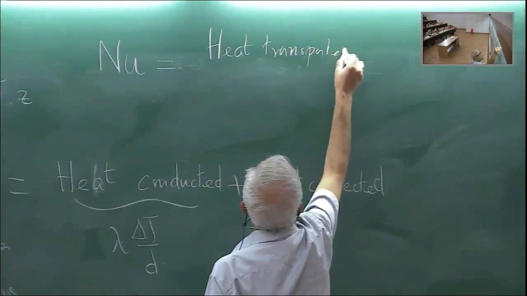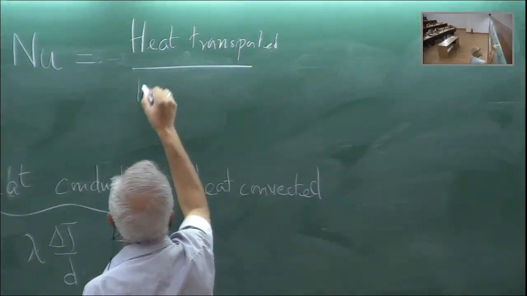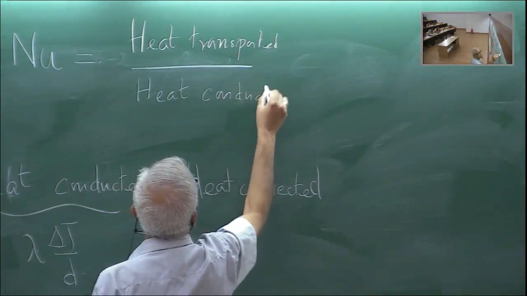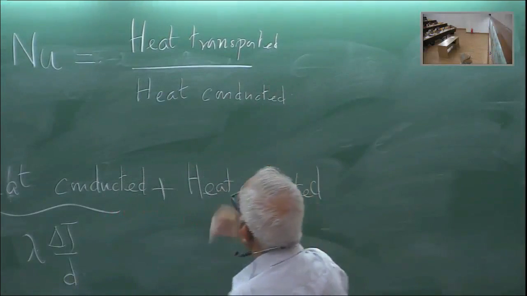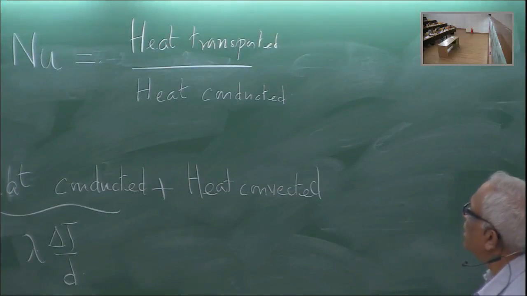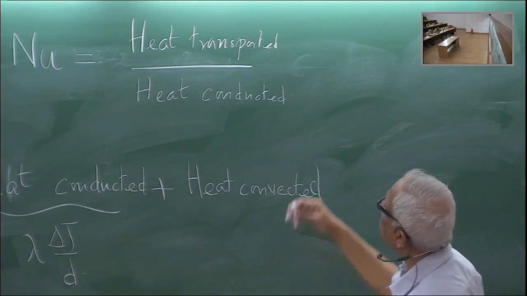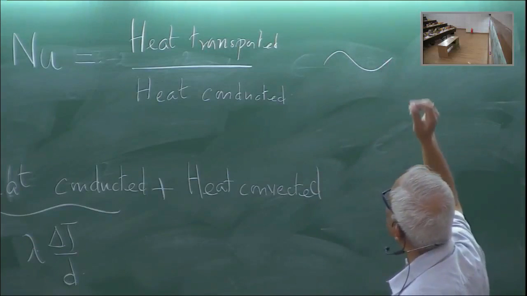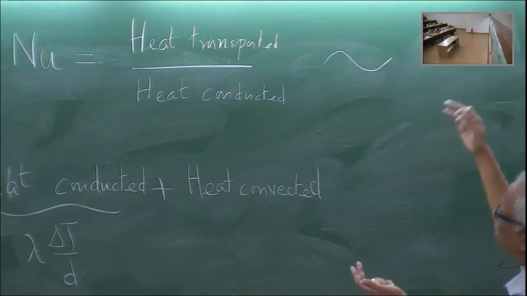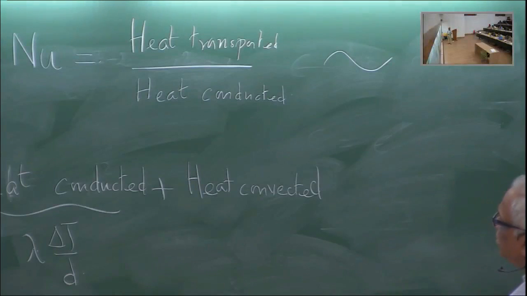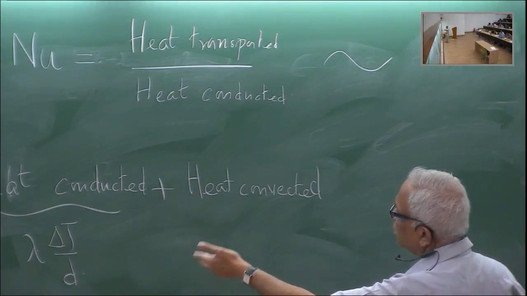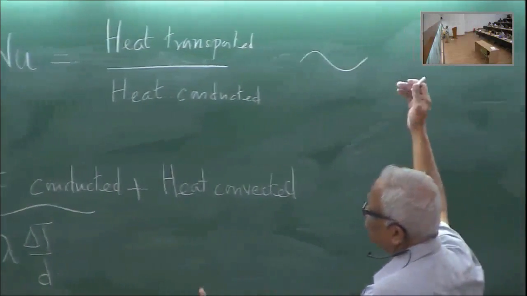per unit divided by heat conducted. And so it's heat transported and this. What is the rough estimate of this?